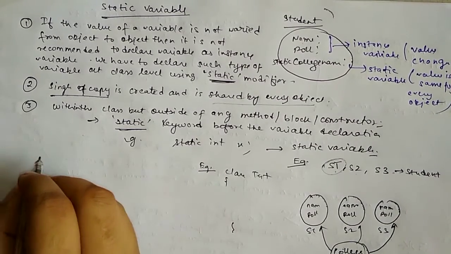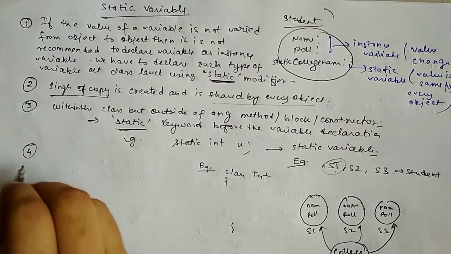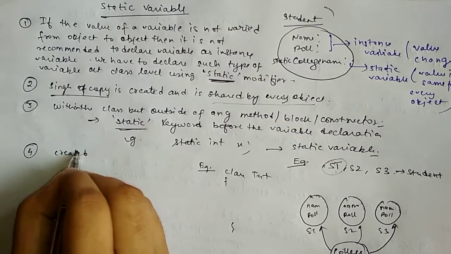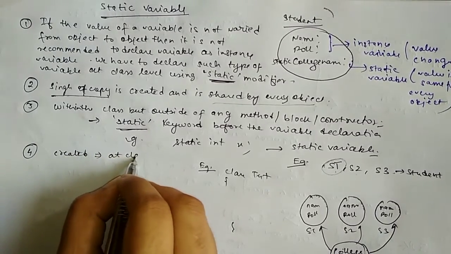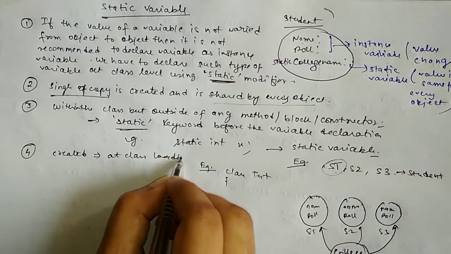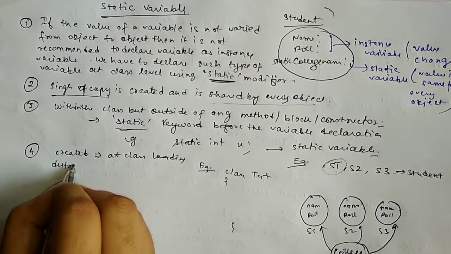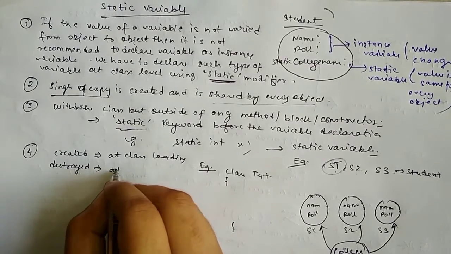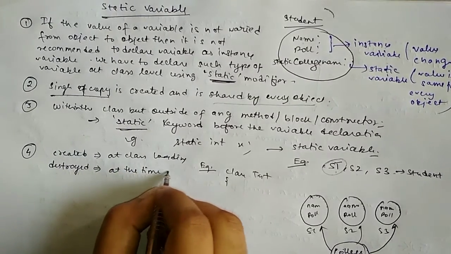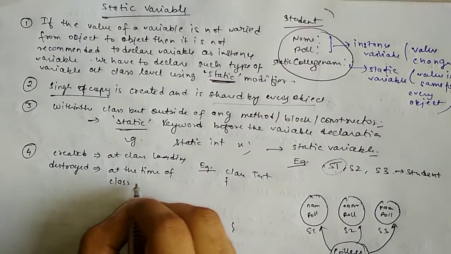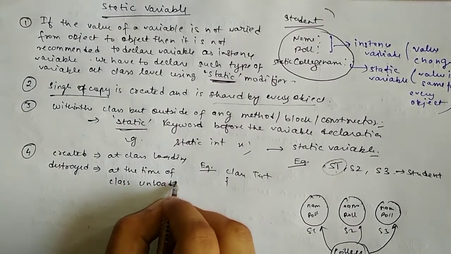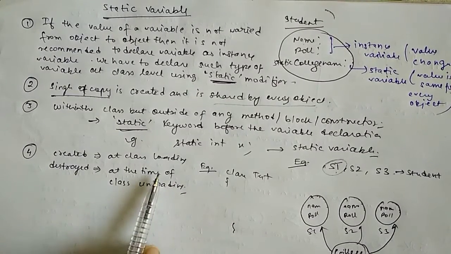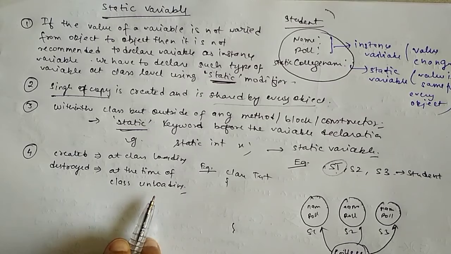So what is the scope of this static variable? It is created at class loading, and it is destroyed at the time of class unloading.